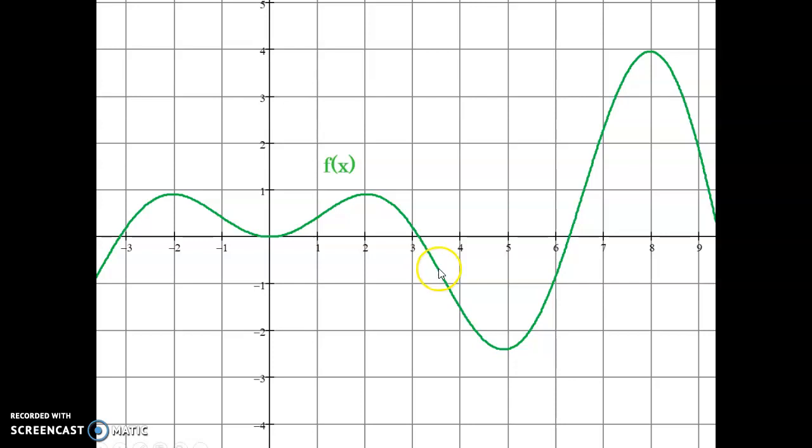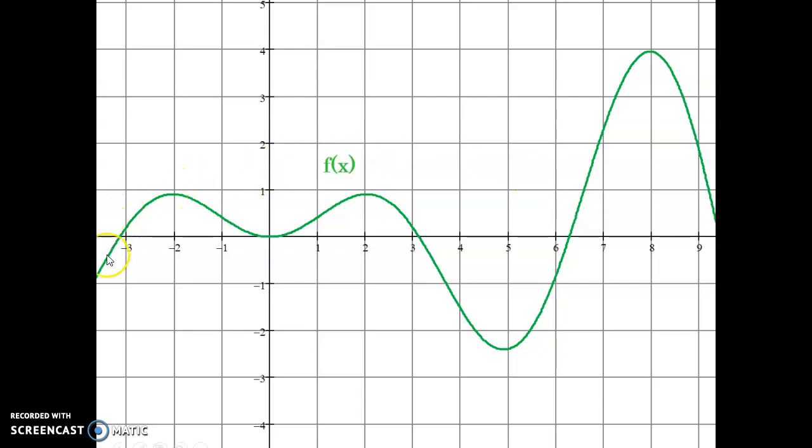Where else do I have a point of inflection? Somewhere around here at about 3.5 till about here at about 6.5. The curve is also concave up from about 3.5 to 6.5. So that would be the interval where the second derivative would be positive.